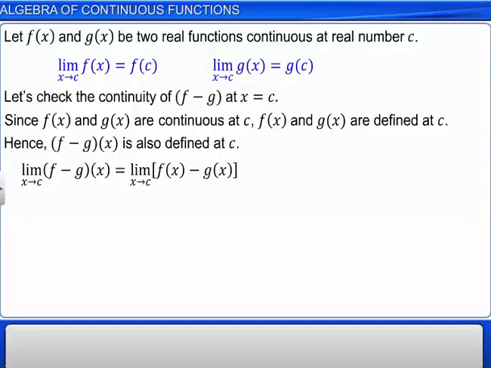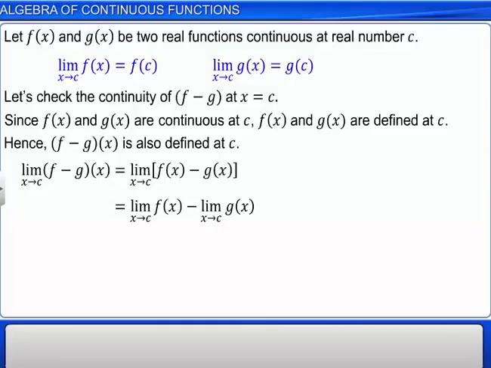Now, by the theorem on limits, we know that the limit of the difference of two functions is equal to the difference of their limits. So we have the limit of f of x as x approaches c minus the limit of g of x as x approaches c.